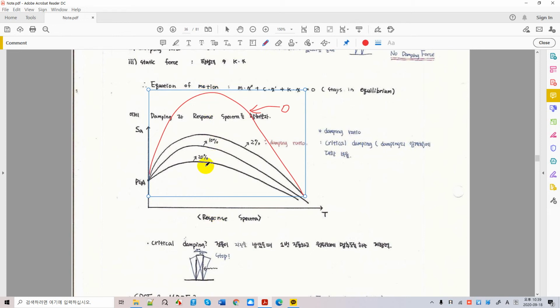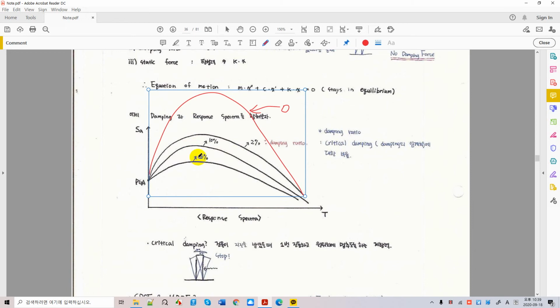This is what happens. All right. So it depends on what type of soil you have underneath your buildings, but the shape of the response spectra looks all the same.